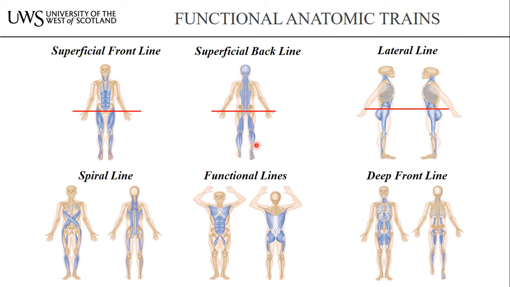Just to give an example, a ball throw with a rotational pattern, or a wood chop exercise where the lower body is stabilized and across the pelvis we have an isometric contraction facilitating the rotational movement of the upper body, is again massively requiring the contribution of the spiral line.